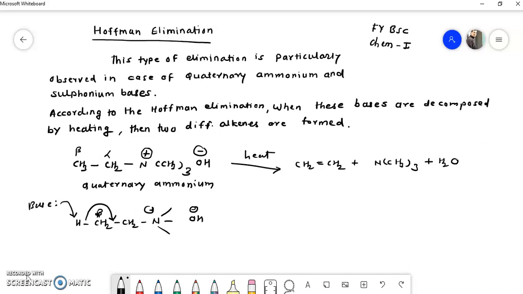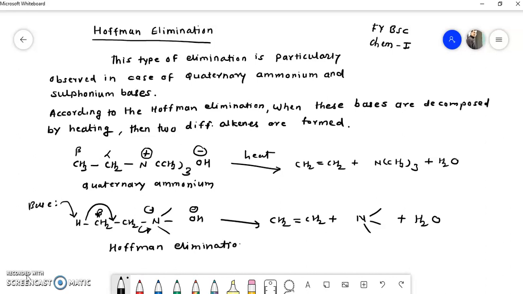As soon as this bond gets shifted here, this amine will go away with the formation of alkene like this: CH2 double bond CH2 plus N(CH3)3 plus H2O. So this elimination is called Hofmann elimination. Okay, so it is very simple.